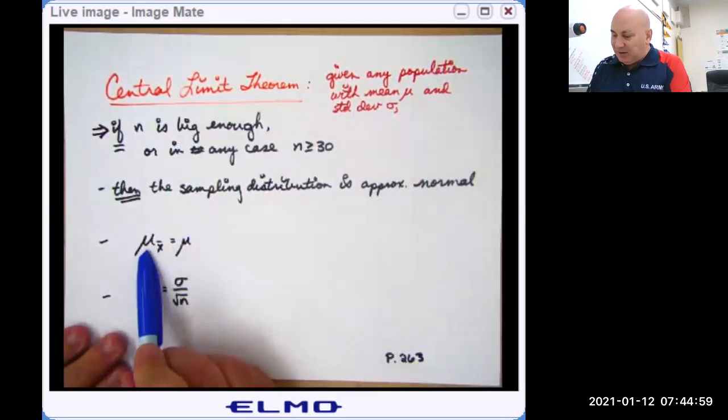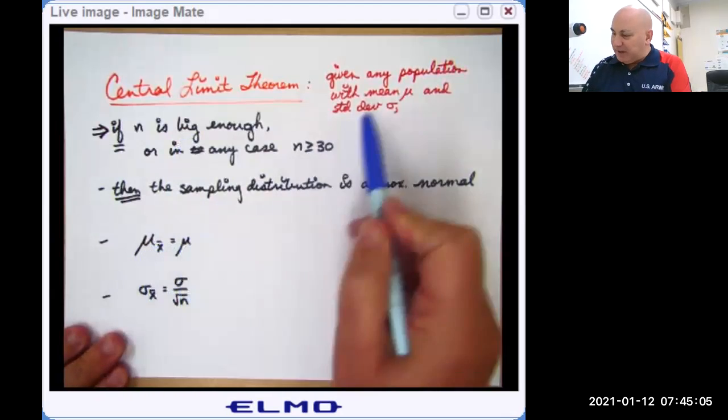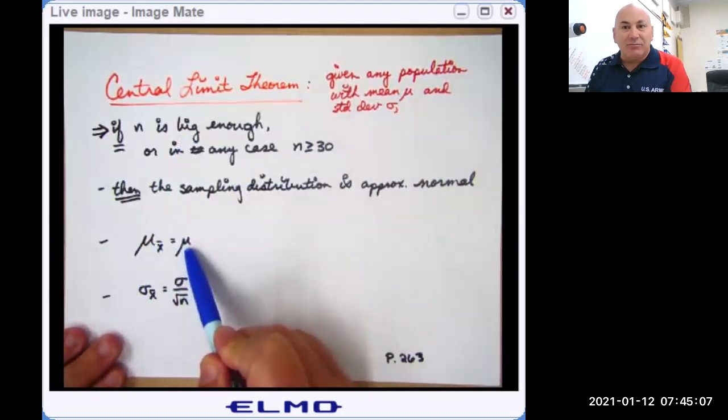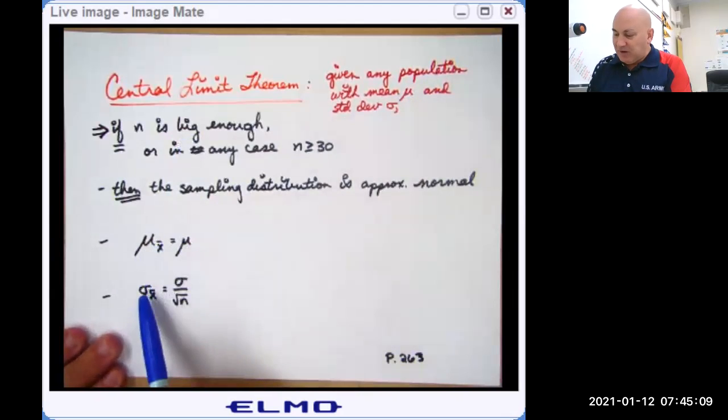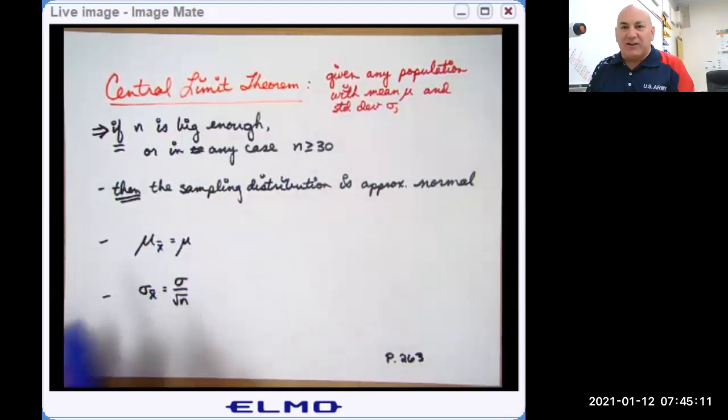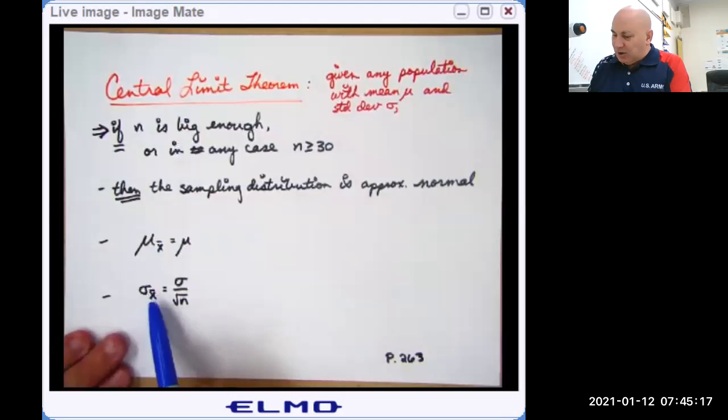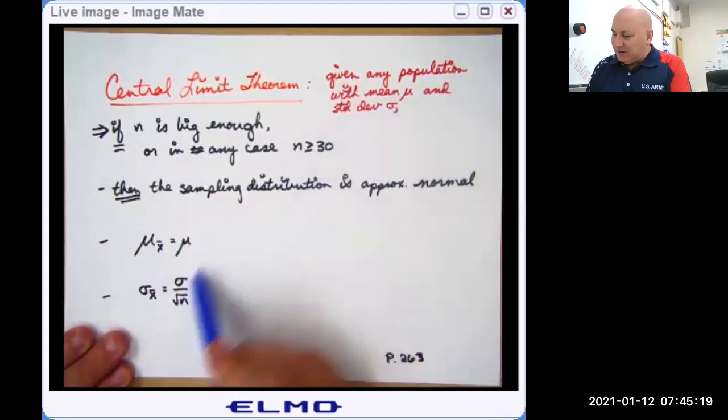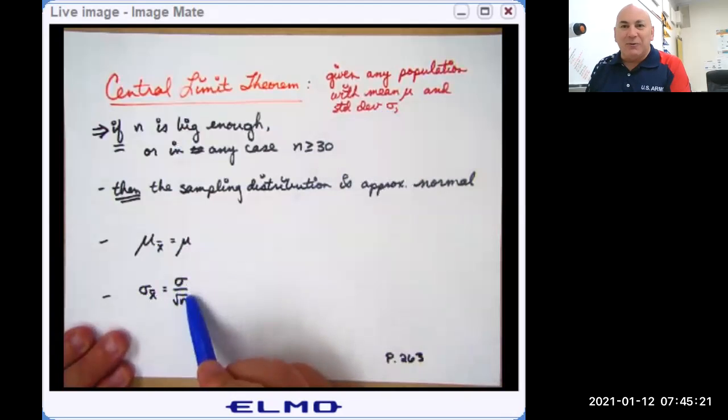The mean of those x bars, in other words, the mean of your sampling distribution, will equal the mean of the population. And the standard dev of those x bars, how spread out those x bars are when you graph your sampling distribution, will be this sigma divided by the square root of n.